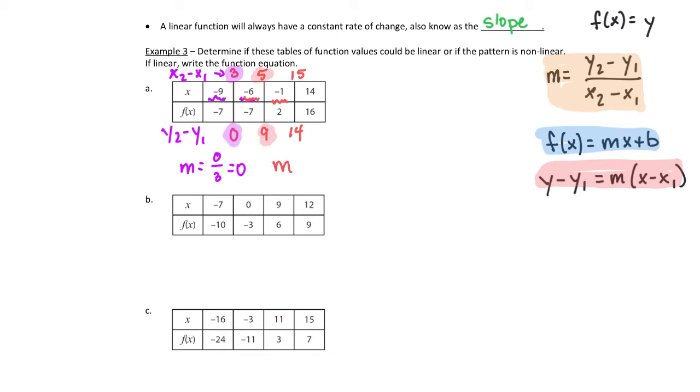So that will be m equals the change in the y's, 9 over 5. And already I can see that these are not equal. Your slopes have to be constant. So this is not constant, and that means not linear.